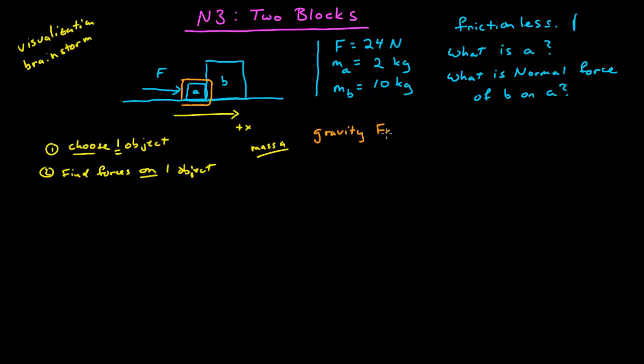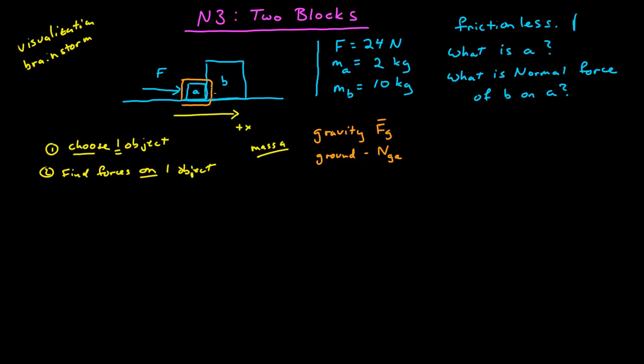So I'll say that's F of G. So what all is in contact with block A? It looks like there are three objects in contact with block A. There's the ground, which exerts a contact force on A, and I know that everything is frictionless, so that means the ground only exerts a normal force. I'm going to say normal force of ground on A.